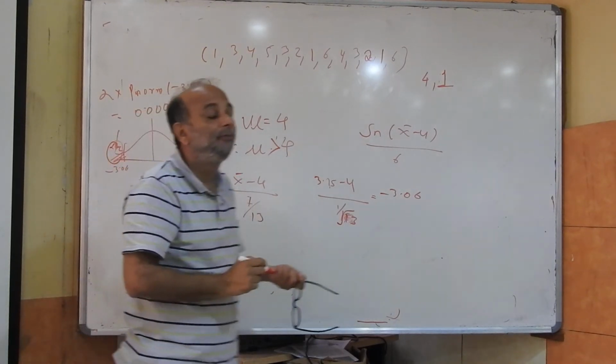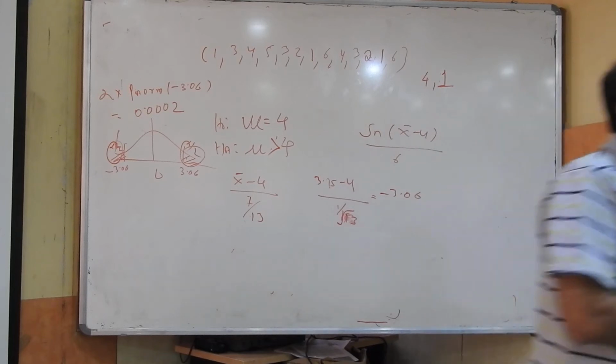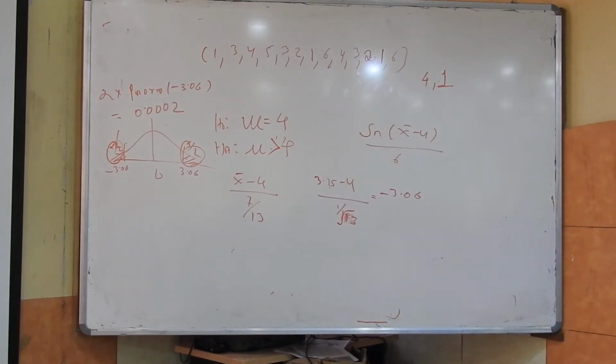It's only if what I see is substantially greater than 4 that I will say the population mean seems to be greater than 4. If what I see is substantially less than 4, that doesn't allow me to give up the null hypothesis that mu is 4 in favor of the alternative that mu is greater than 4.